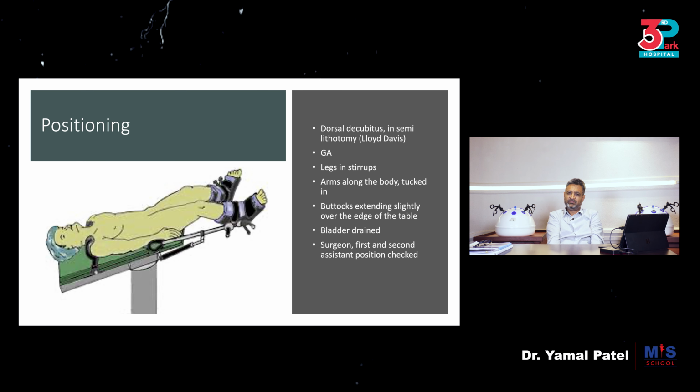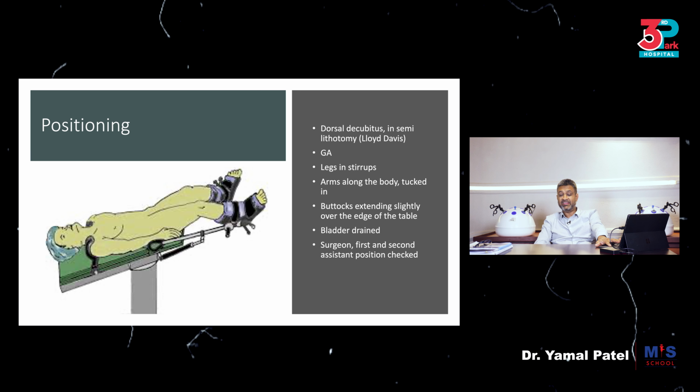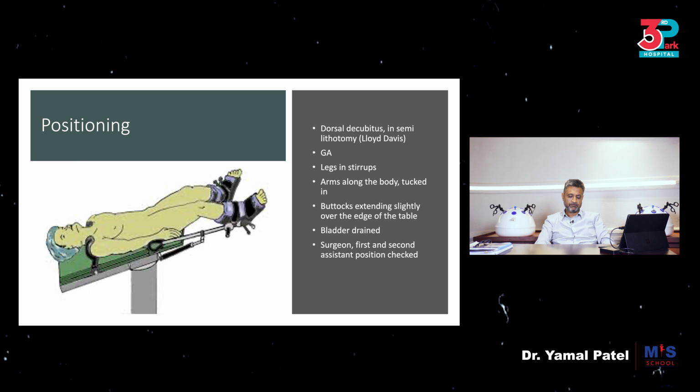So it should be arms tucked in by the side of the patient, with the buttocks slightly extending over the edge of the table, so just beyond, and with the bladder drained. The positions of the surgeon, the first assistant, and the second assistant are to be checked, and then the procedure begins.